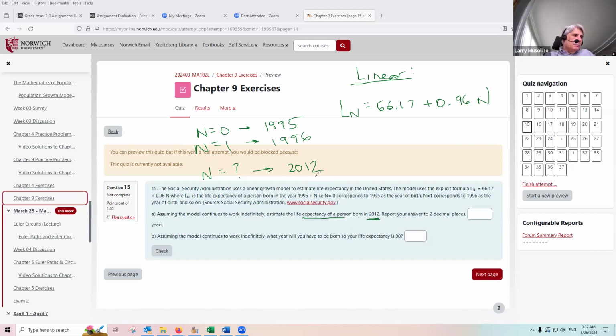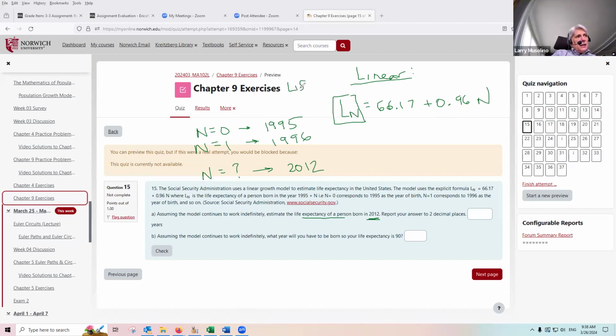And so on this one, I got the part A, it was the part B. But now looking at it, and I still don't have it, but I can try to work this one. So part B is just going to be the other way, right? So we're looking for a life expectancy of 90. So would it be 90 equals 66.17 plus 0.96n? You got it. Exactly right. Yeah, because this L sub n represents life expectancy.